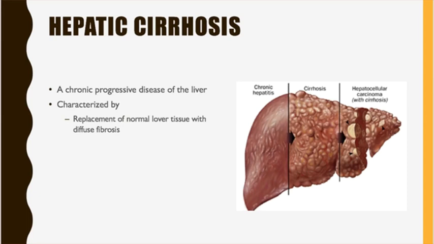With hepatic cirrhosis, it is a chronic progressive disease of the liver characterized by the replacement of normal liver tissue with diffuse fibrosis. And then what happens, again, is the damaged liver cells attempt to regenerate, but it's a very disorganized process.